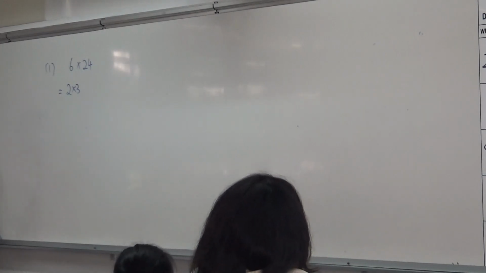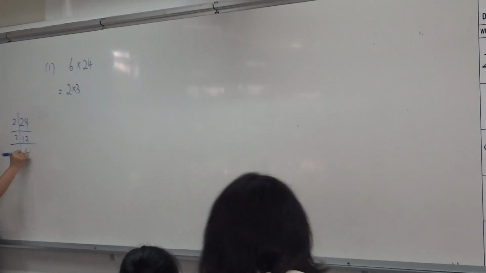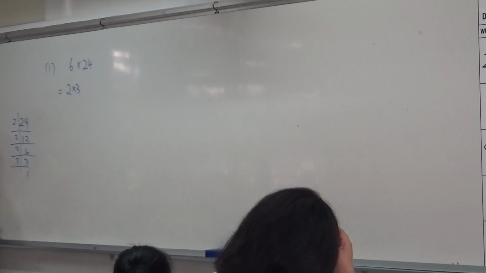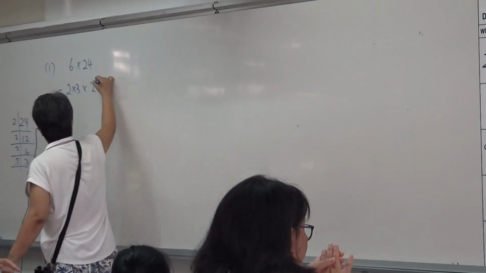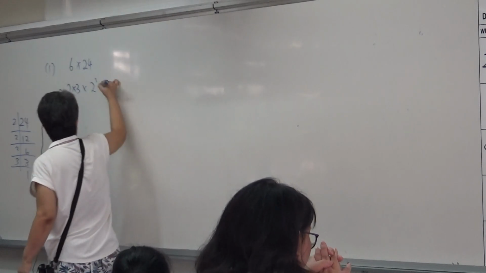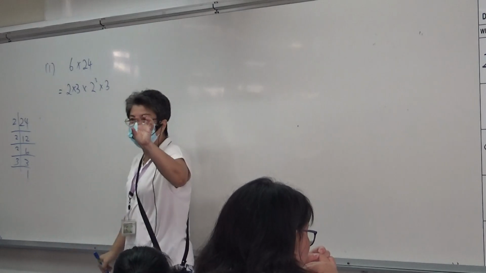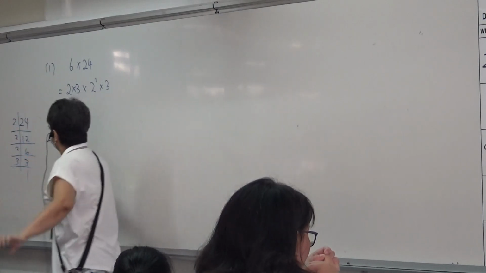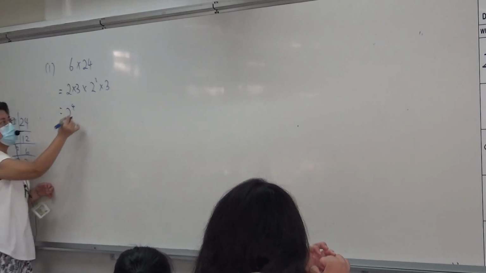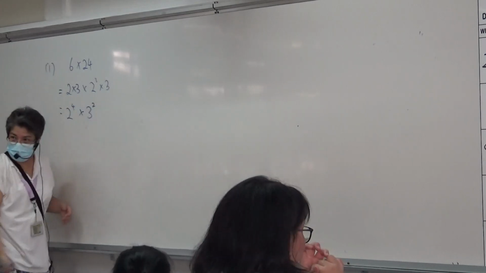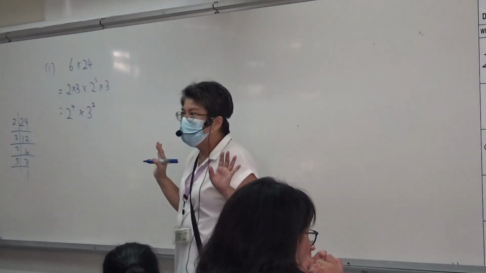Don't copy. 24 is like that. So 24 is what? 2 to the power of 3 times 3, right? Now if I combine, I can only combine those with the same base. So this is 2 to the power of what? 4, right? Times 3 to the power of 2, right? Can you see it?